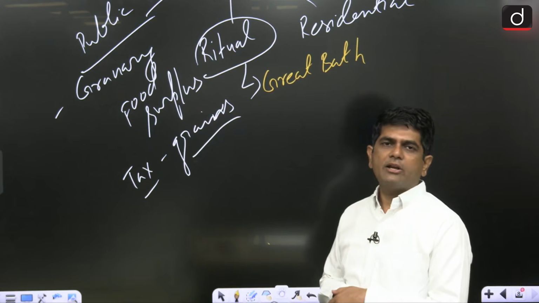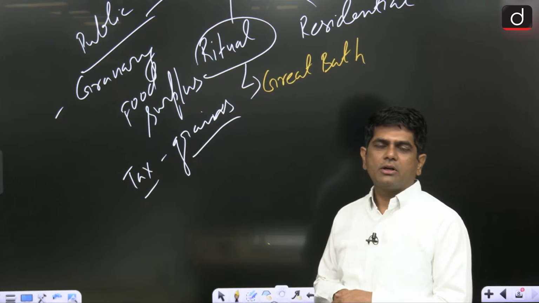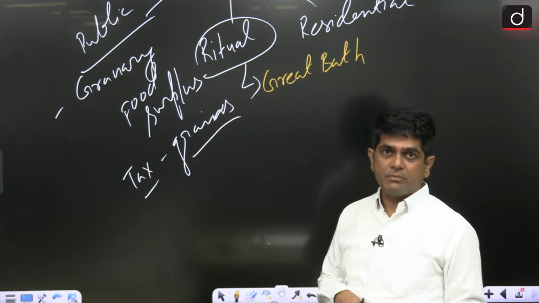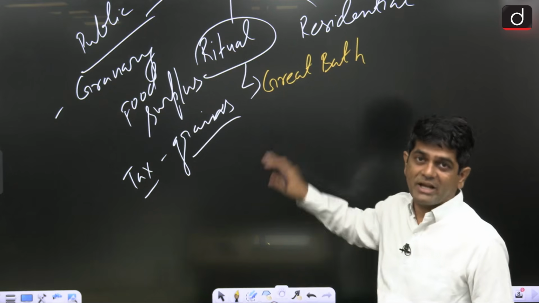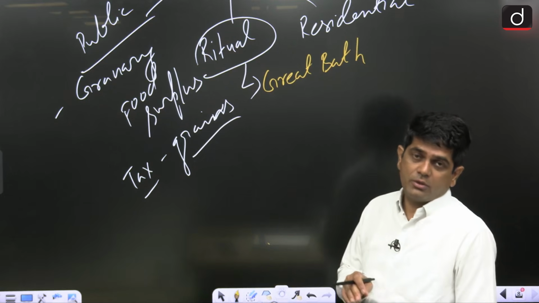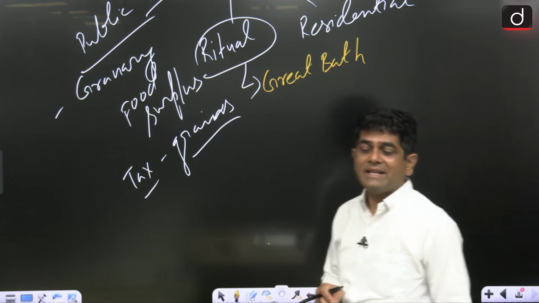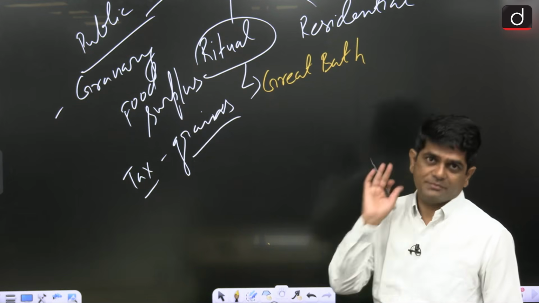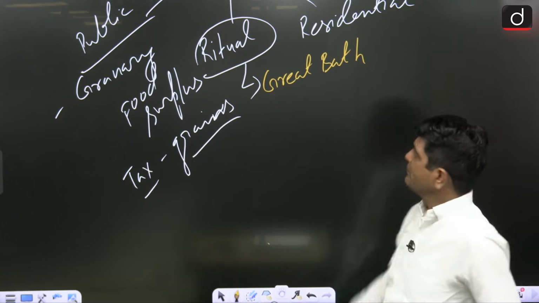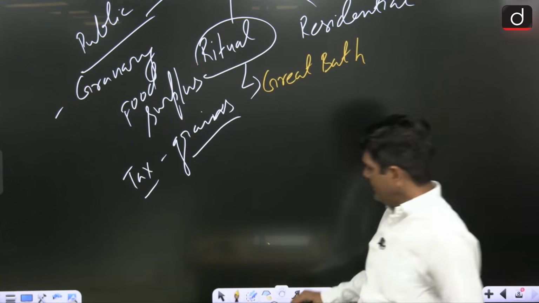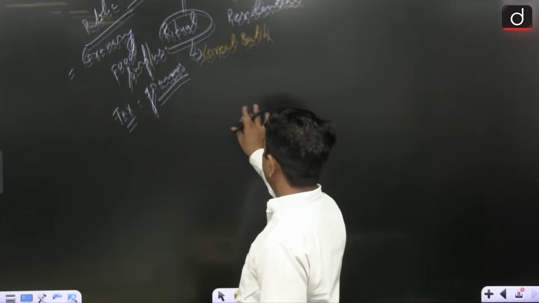Number two, onto this floor a mixture of gypsum and bitumen was applied in order to check the percolation or the leakage of the water. Clear?